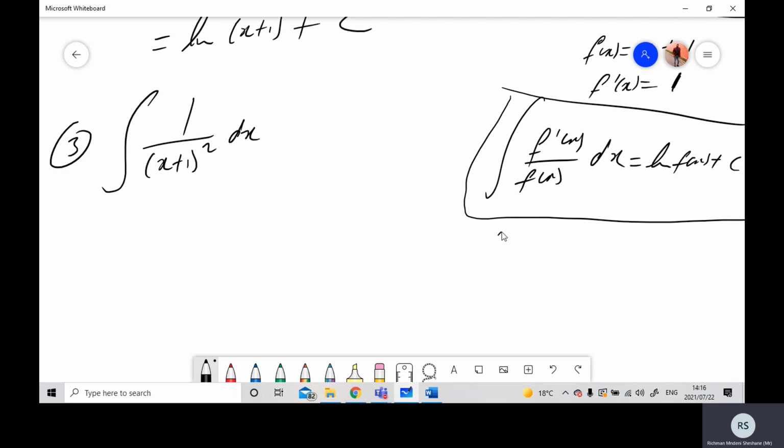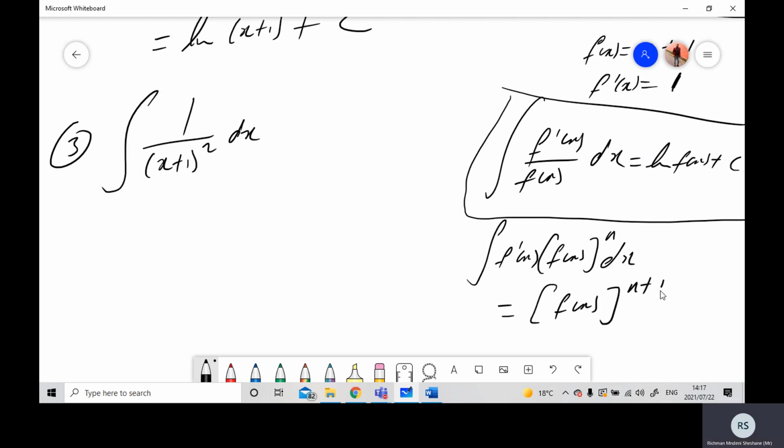The first standard integral, from your last lecture: the integral of f prime times f of x to the power of n dx is f of x to the power of n plus 1 over n plus 1, plus c.